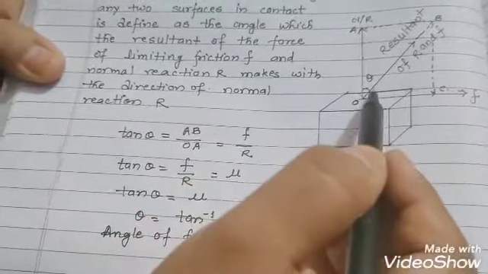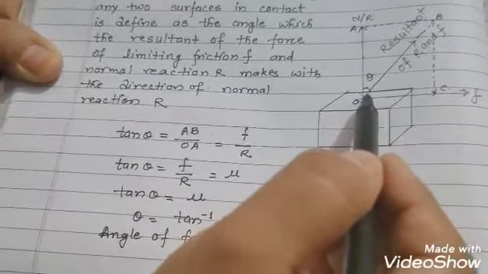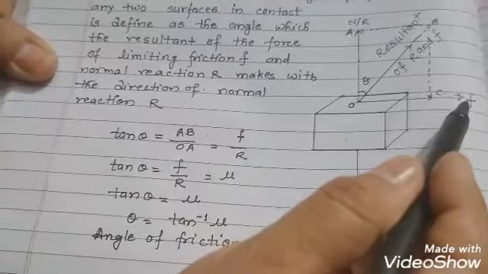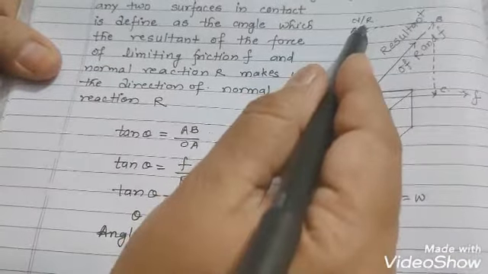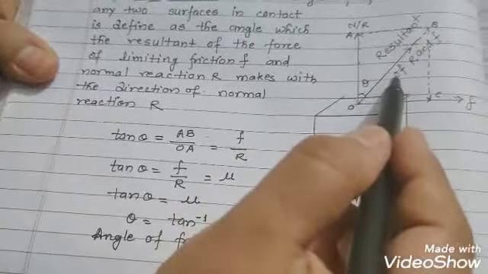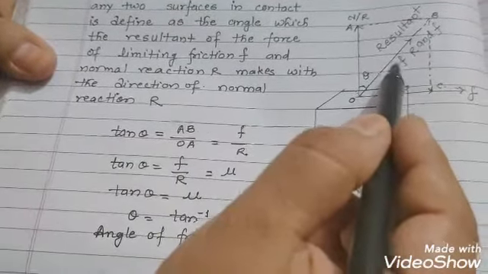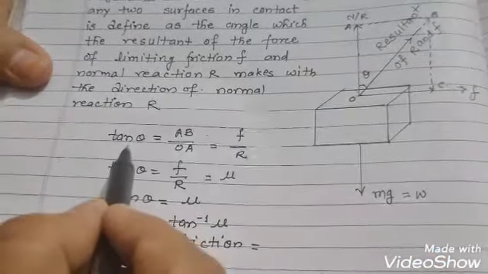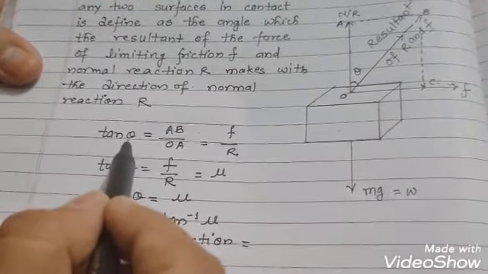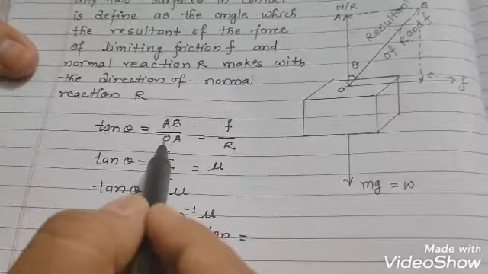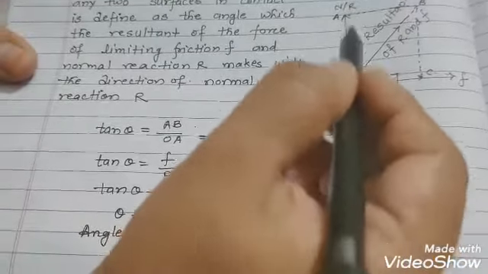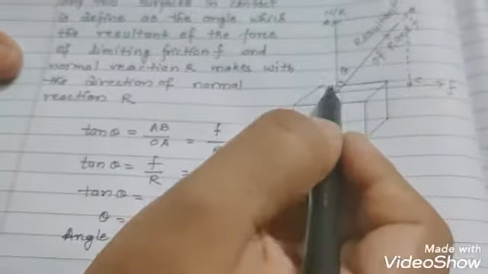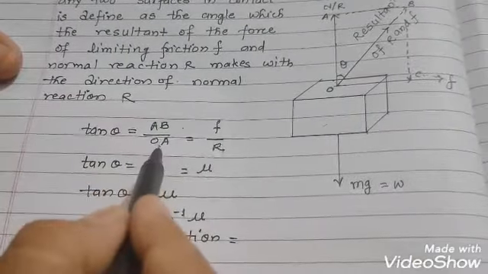Now we'll complete this parallelogram OABC, where OC is equal to F, the force of friction, OA is equal to R, and OB is the resultant of R and F. If we take tan theta here, tan theta is equal to perpendicular upon base, that means AB upon OA.